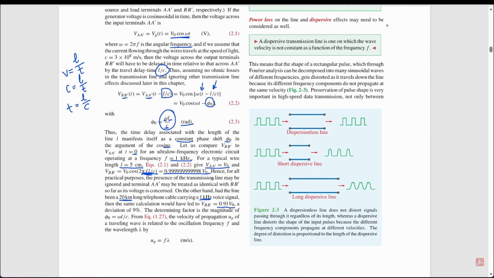So here there is a difference, going from 0.9999 to 0.91, a deviation of 9%. That's significant, and it will result in some changes.